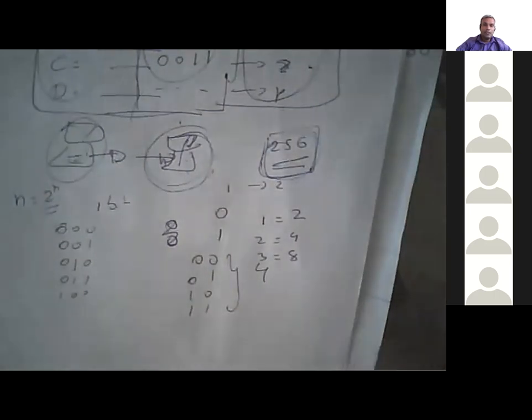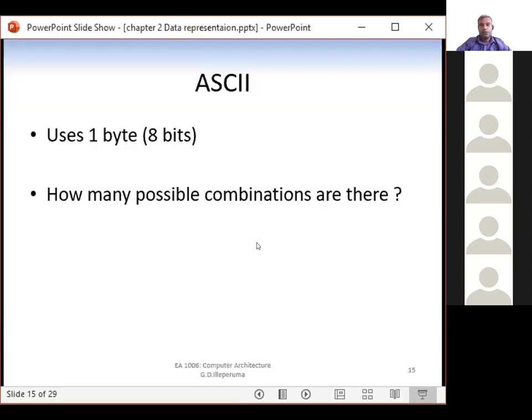Now, do you think that is sufficient? Is it enough to have 256 different symbols to represent characters? Is it sufficient, or do we need more characters? How many letters are in Sinhala?